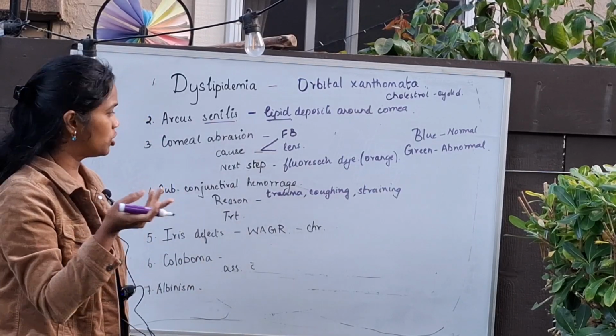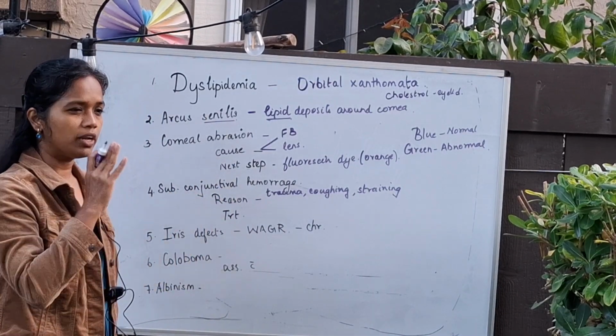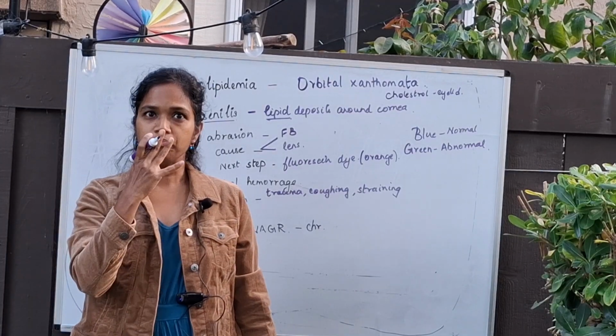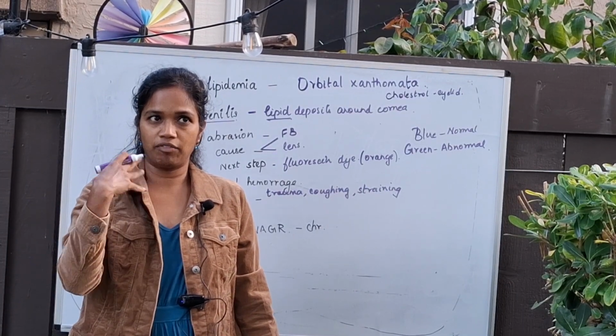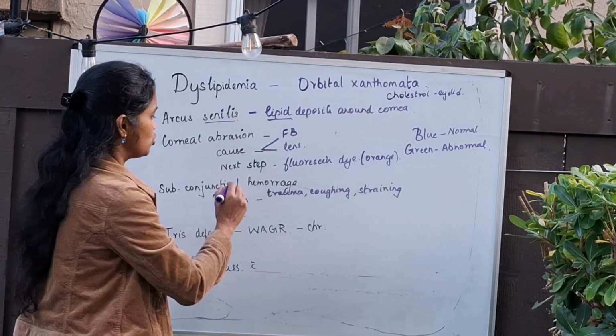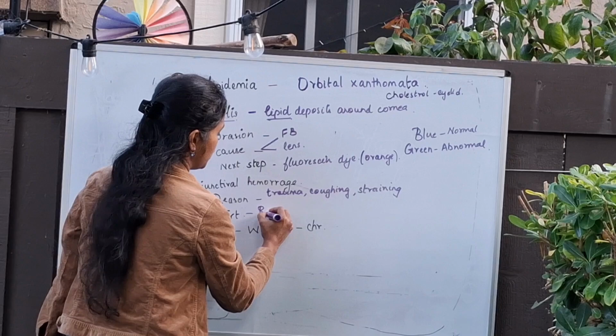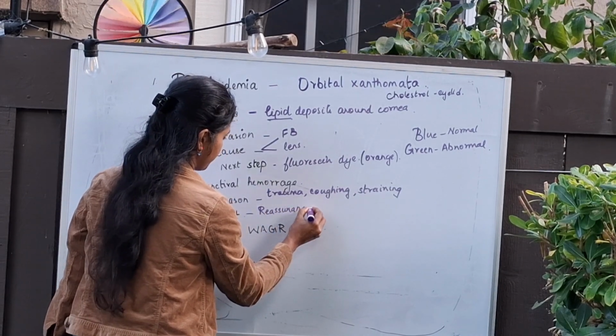What is the treatment? Even though the eye looks red and it's quite scary to look at someone like that, and our immediate urge is to treat them, the treatment is to wait and watch, or reassurance, because it will get resolved on its own.